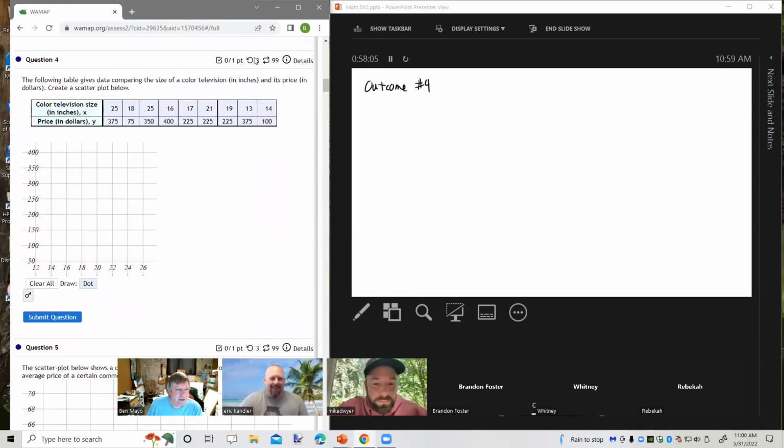All right. Now we're going to make a scatter plot. So basically we're going to be plotting ordered pairs again. Okay. 25, 375. Careful. 25 is right here. And then 375 would be halfway between 350 and 400.